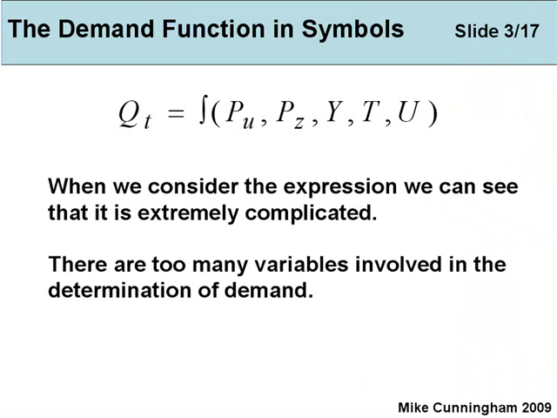However, there are too many variables, too many expressions inside the brackets. It's difficult to say the quantity demanded per unit of time depends on all of these. Which is the big influence and which is the small influence? It's difficult.